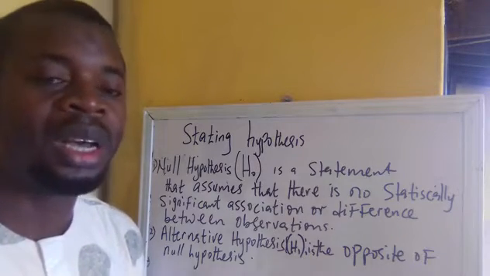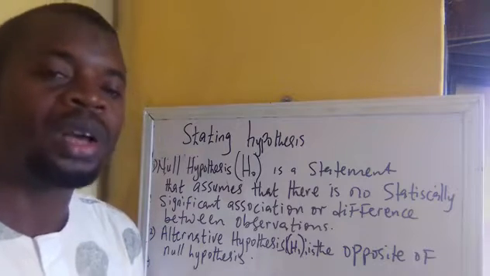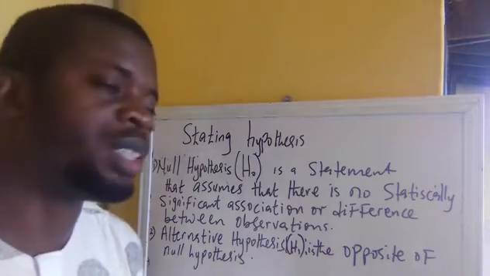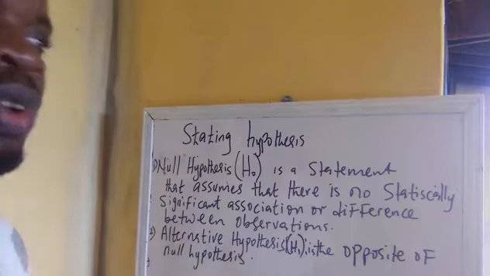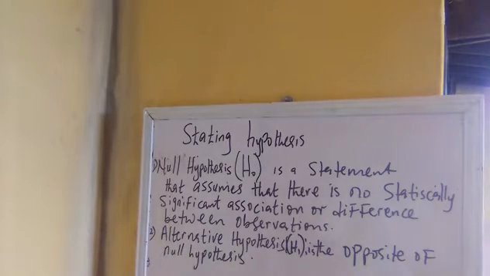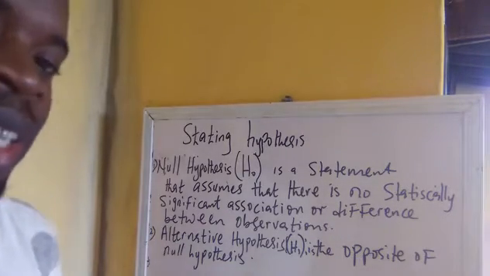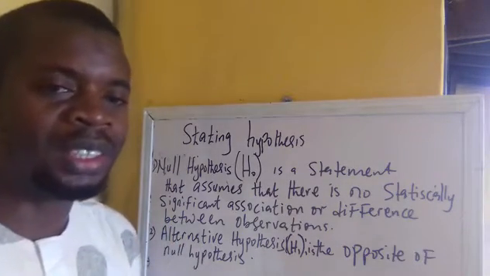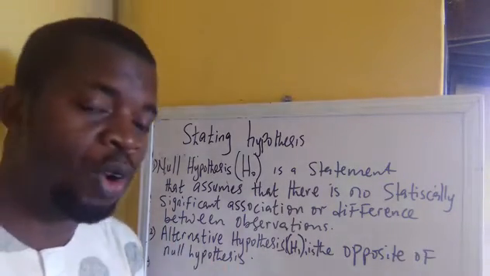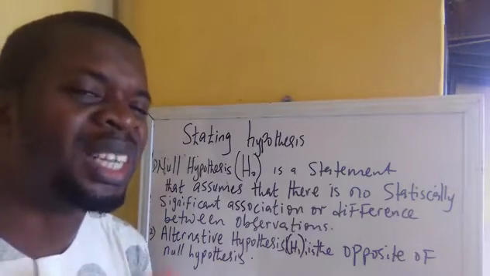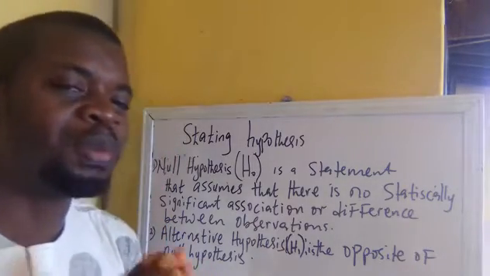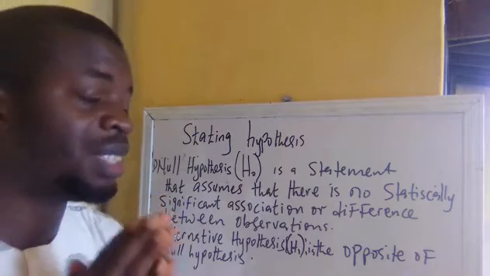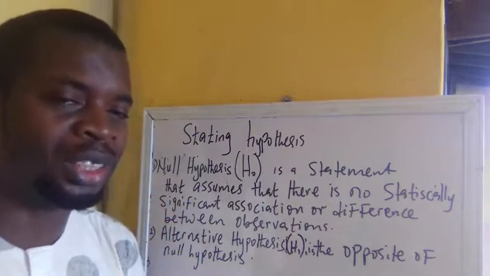Hypothesis can be stated in two ways, which are null hypothesis and alternative hypothesis. Our null hypothesis is called the default hypothesis because you must start your statement with a null hypothesis.